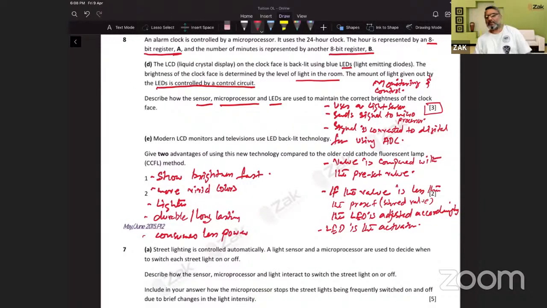Okay, these are the advantages of LED over LCD as we discussed last time.